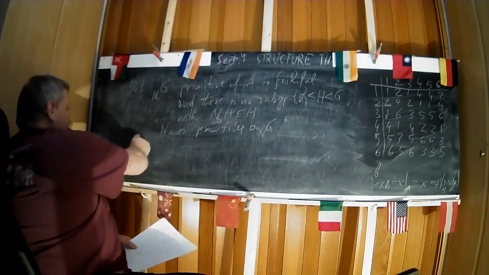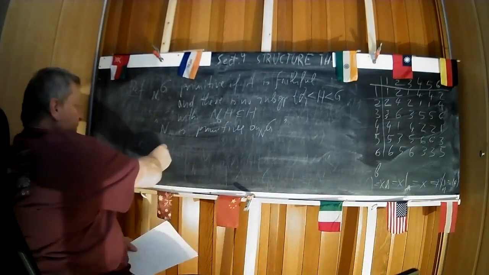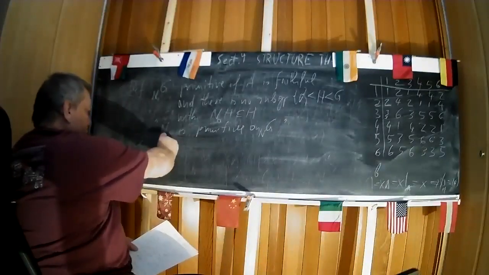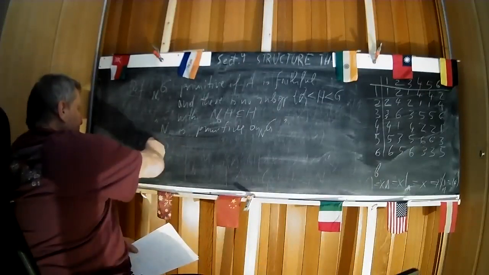Some examples. Suppose we're in the variety of groups. We have a group G, and we take P(G).